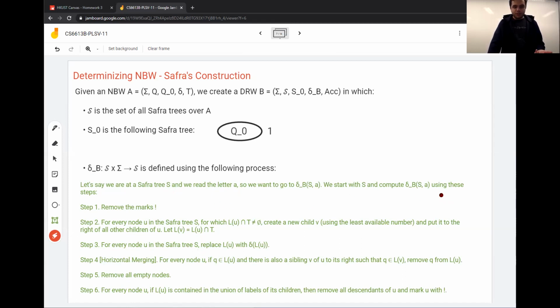So what other tree do I want to go to? I start with my tree S, and I make some changes until I get the tree that is my next state, right? The first change that I do is that I remove all the exclamation marks. The second change that I do is that if I have a node in my tree and the label of this node intersects my target set, then I create a new child for this node and put all the vertices that were in this label and also in the target set in that child.